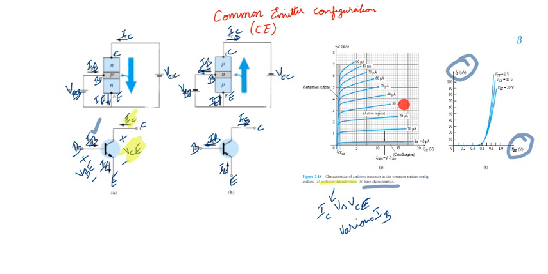It is in the microampere range, and the collector current is in the milliampere range. So what is the difference between microampere and milliampere? It is 1000 times larger. So the collector current is nearly 1000 times larger than the base current, right? So these are the collector characteristics and base characteristics of a common emitter configuration.